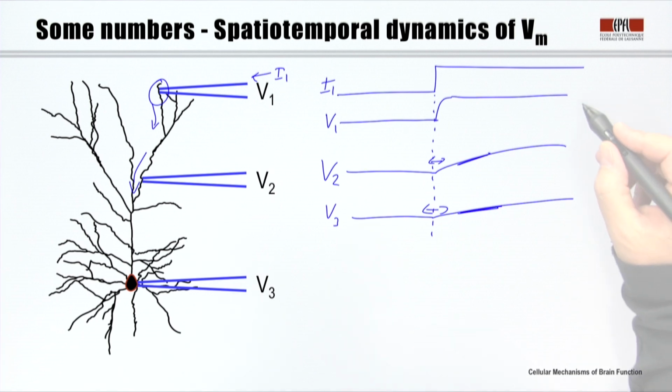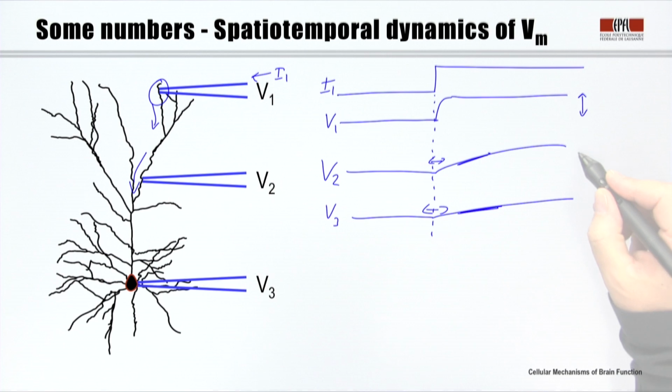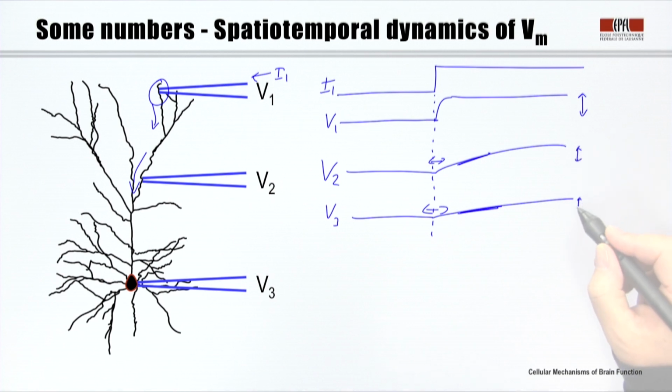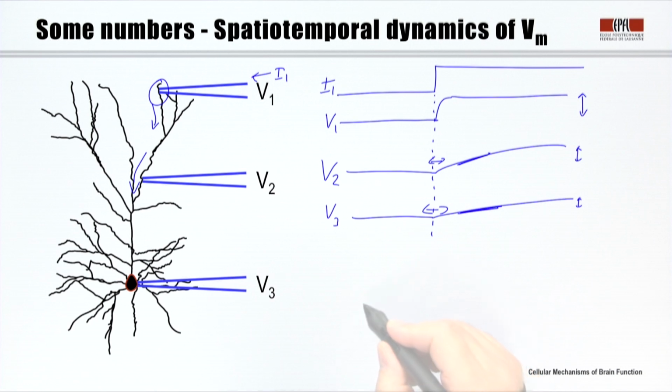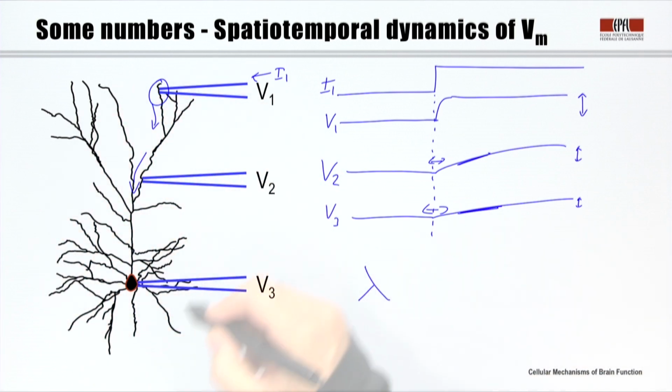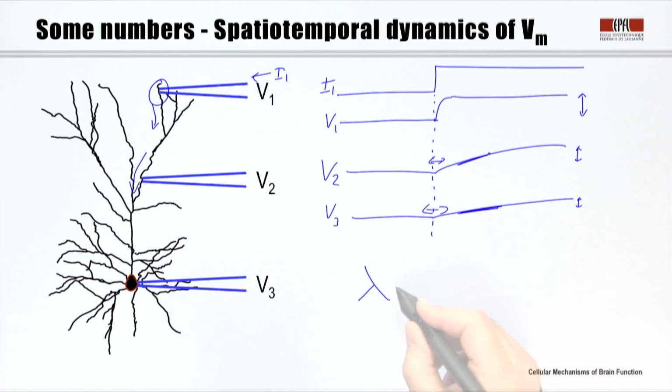The steady state voltage that's reached at these different locations is described by the steady state cable equation as we saw before, where we have our length constant lambda that tells us how much of a drop in membrane potential we might expect. Now, in real neurons, the size of this dendritic arborization might be hundreds of micrometers, and that's exactly the length scale that also the membrane length constant has.